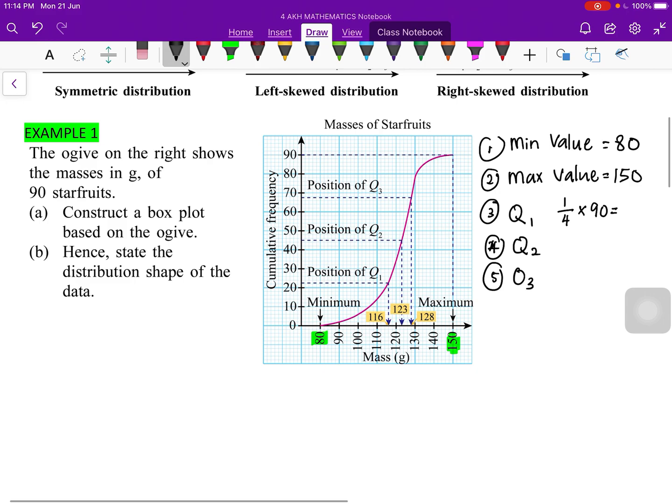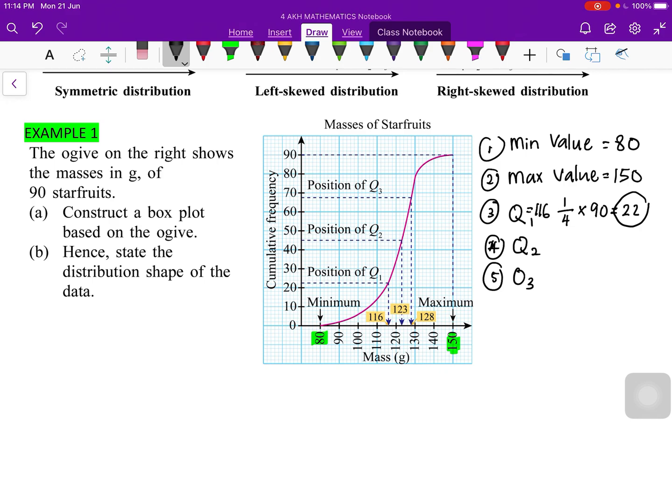So you will get 22 here. Okay, 22. So 22, pergi kepada cumulative frequency 22, and then we take the value of mass here, which is 116. So first quartile here will be 116.